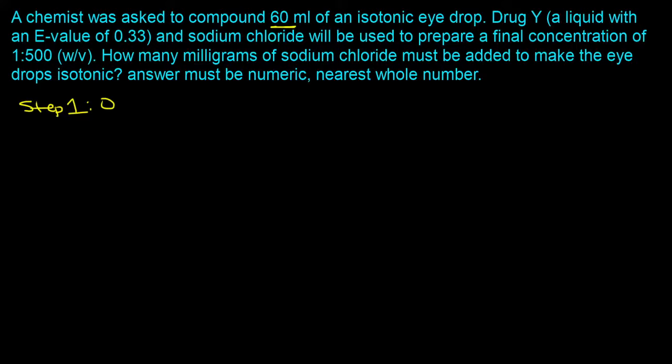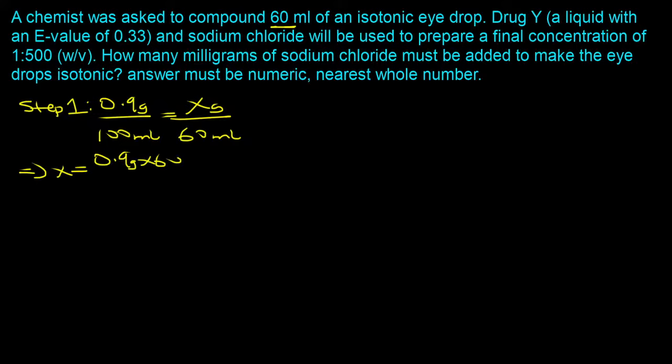So we start off with 0.9 grams over 100 milliliters. You want to kind of remember this particular ratio. And then we set it equal to some quantity in grams over 60 milliliters, which is the volume. So we go ahead and solve for X, which is the unknown. X is going to be equal to 0.9 grams times 60 milliliters divided by 100 milliliters. The milliliters cancel out, and that's going to be equal to 0.54 grams.